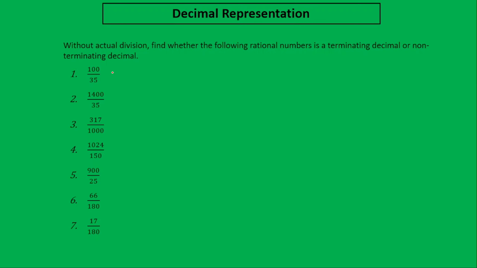100 by 35. First of all, convert this into simplest form. For that, factorize. 100 can be written as 2 into 2, 4 into 5 into 5, times 5 divided by 5 times 7.